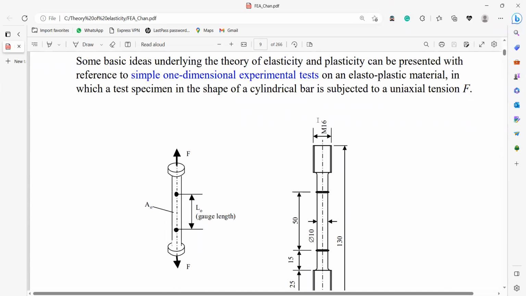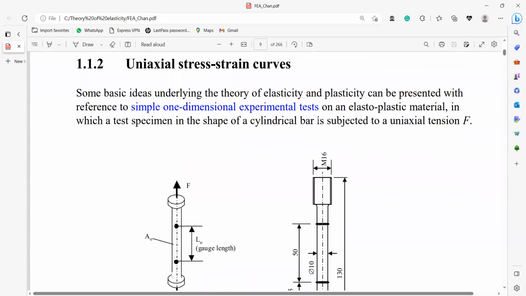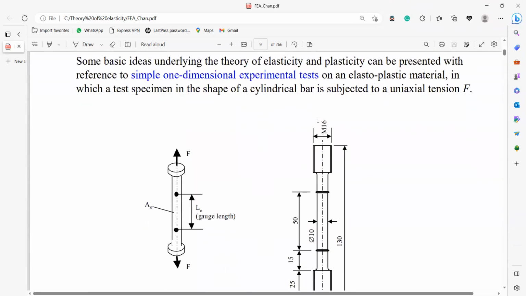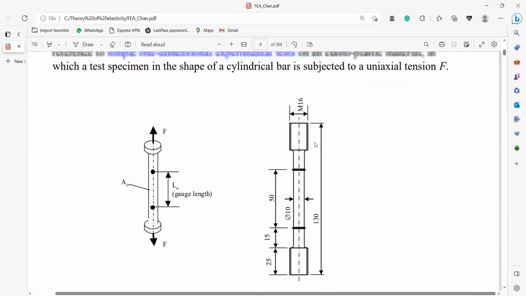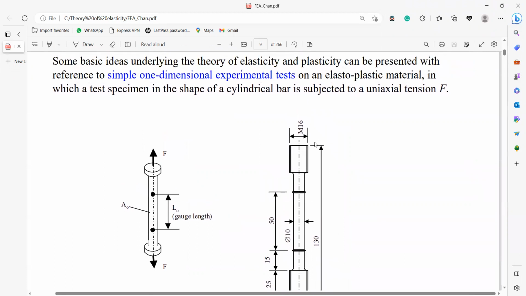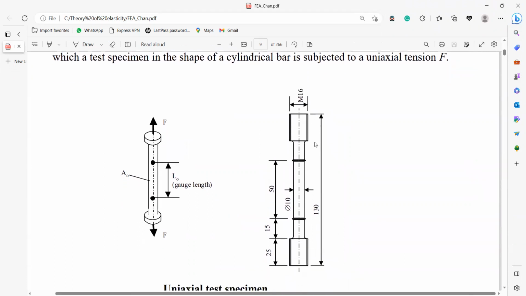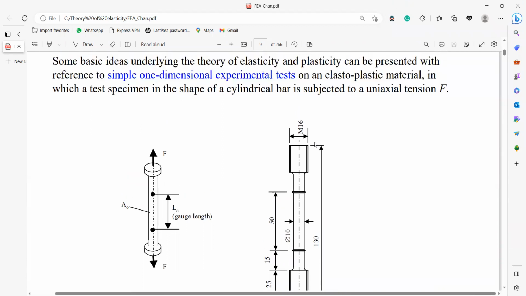So this is how you'd have performed an experiment, a cylindrical rod in your lab. Otherwise you can use a dog bone bar or a cylindrical rod, which is subjected to uniaxial tension force.